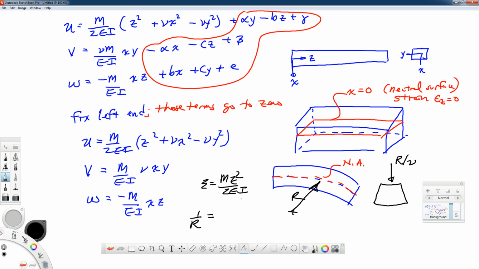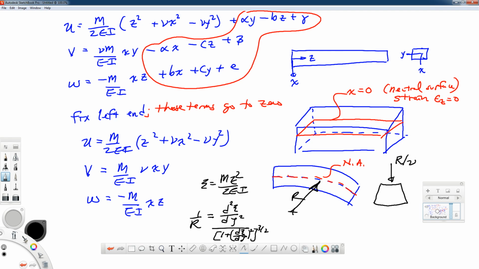Then 1 over the radius of curvature is going to be equal to the second derivative of xi with respect to eta, twice, divided by 1 plus the first derivative of xi with respect to eta, squared, all to the 3/2 power.